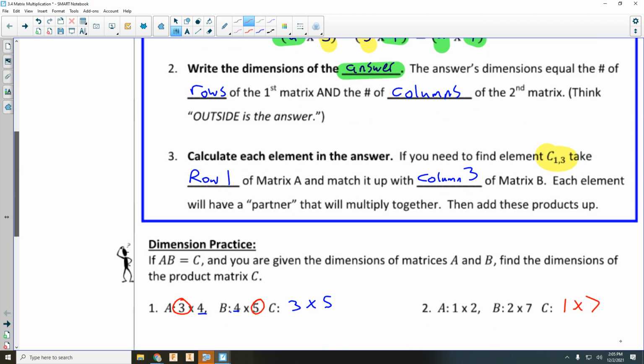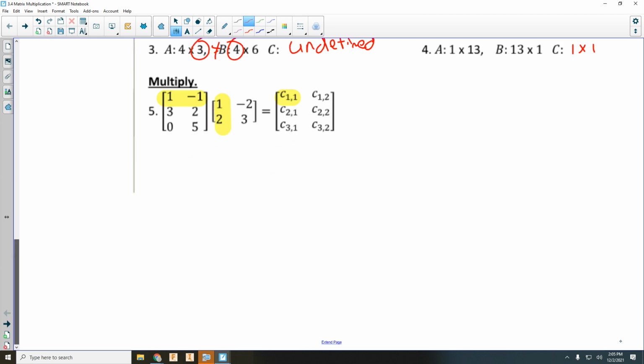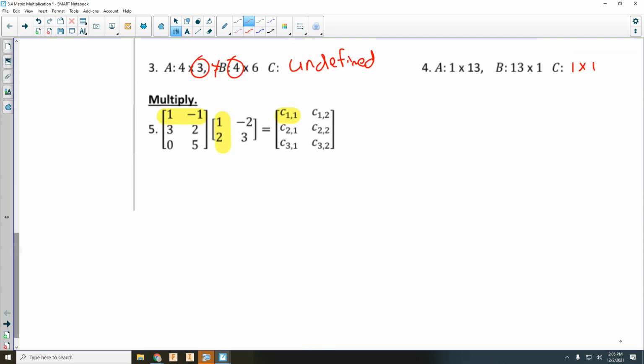Now let's talk about how we calculate each element in the answer. We have to multiply the row of matrix A times the column of matrix B, and that will give us the element. To get that very first number, everybody gets a buddy and you work with them in order.